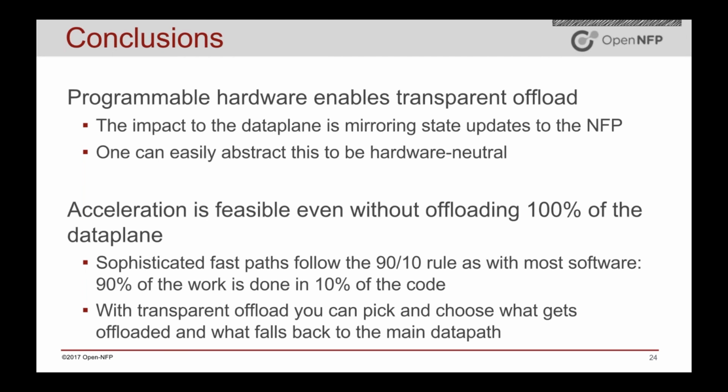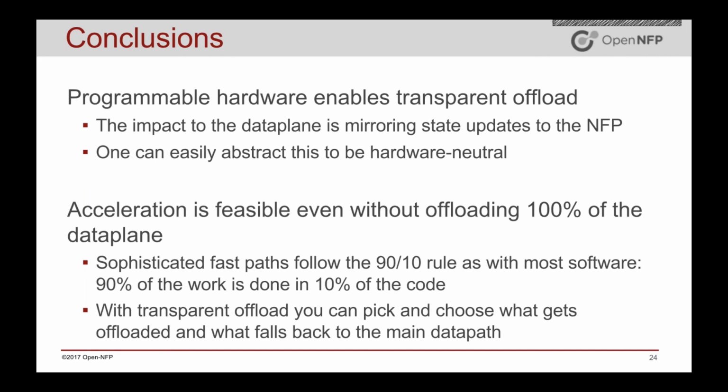Another important aspect of this is that if you go for transparent offload, you don't make the data plane aware of the hardware in any significant way, then it's feasible to offload to a SmartNIC, even if you're not offloading 100% of the functionality. You can pick and choose which components you're going to accelerate and which components you're not, and you just let that traffic fall back to the original data plane for its handling.